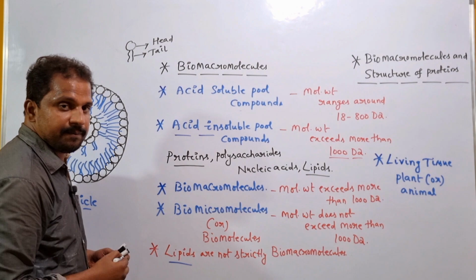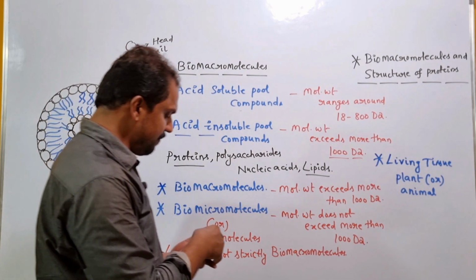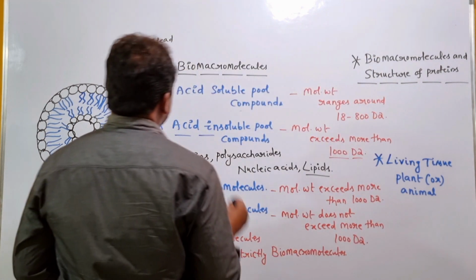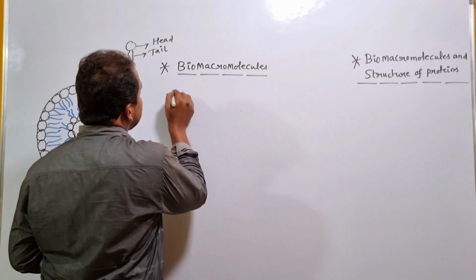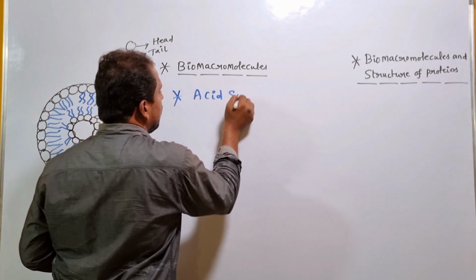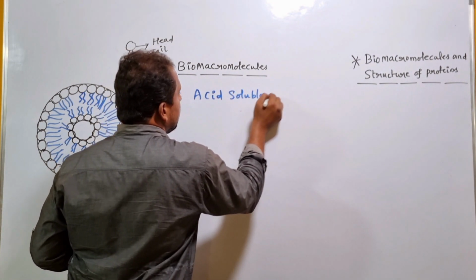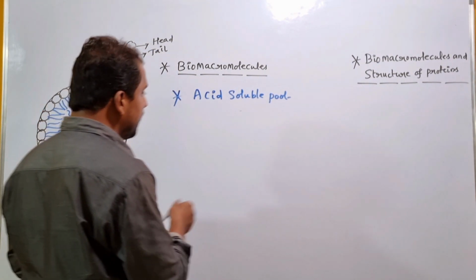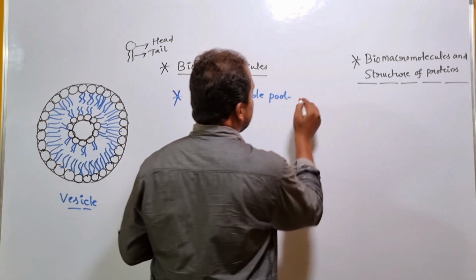Is it clear? And here we need to understand one more key point. Let me arrange the things here. If we consider the acid soluble pool, it roughly represents the chemical composition of the cytoplasm.